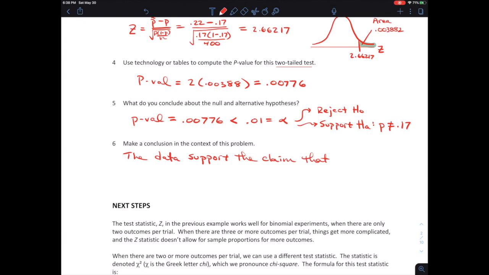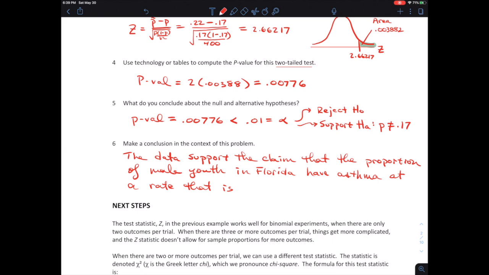So the data support the claim that the proportion of male youth in Florida have asthma at a rate different from the national figure, and the national figure is 17%.